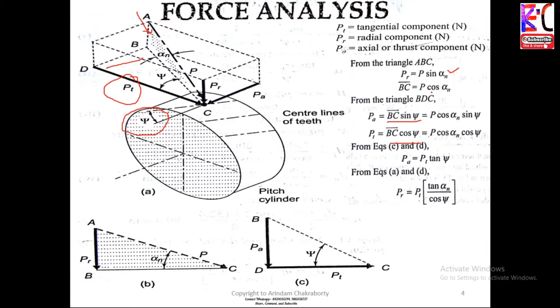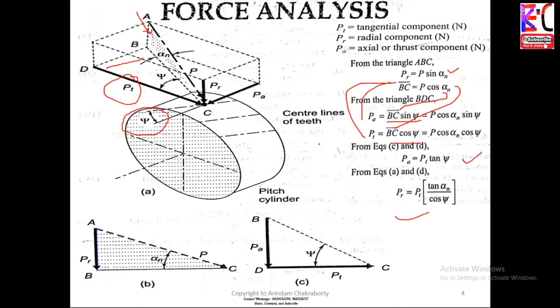I can substitute BC's value over here as well as over here. What I get is P sin alpha and P cos alpha with sin psi, and the same goes for PT. After comparing these equations, we get that PA is equal to PT tan alpha, and PR is equal to PT tan alpha by cos psi.